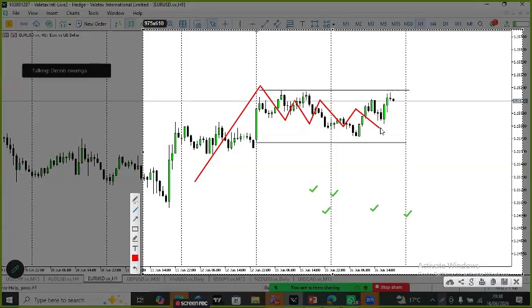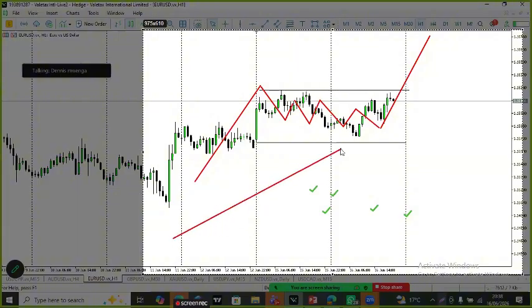Now, when we have price breaking above this high here, yesterday's high, that is known as a break of structure, which signifies a continuation of the bullish trend.